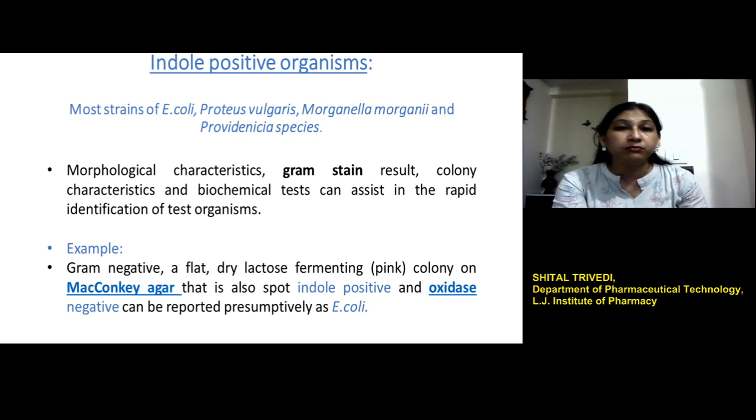If we know the morphological characteristics, colony characteristics and Gram reaction, then along with the biochemical characteristics, rapid identification of the microorganism is possible. For example, if we know that the test organism is gram negative, produces flat, dry, pink colonies on MacConkey agar, and is also indole positive and oxidase negative, that is another biochemical test, then we can presume that the organism may be E. coli.